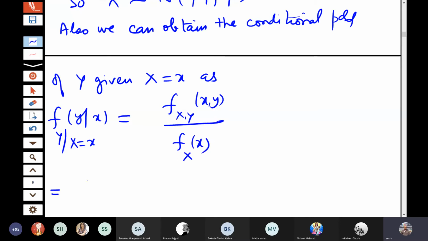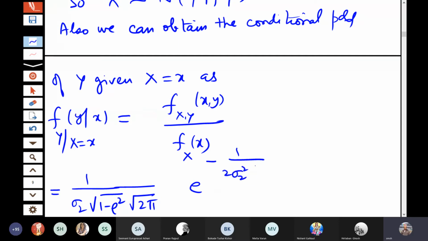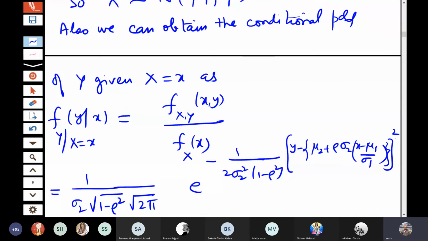So this term gets exactly cancelled out and you are left with 1 by sigma 2 root 1 minus rho square into root 2 pi e to the power minus 1 by 2 sigma 2 square 1 minus rho square, y minus mu 2 plus rho sigma 2 x minus mu 1 by sigma 1 whole square, which is nothing but a normal distribution with this mean and this variance.